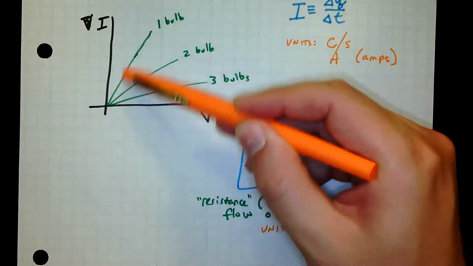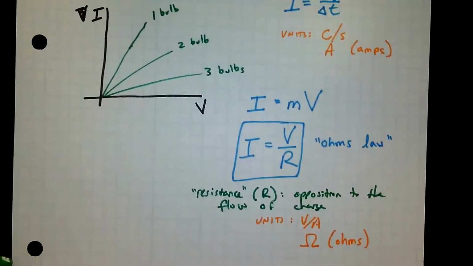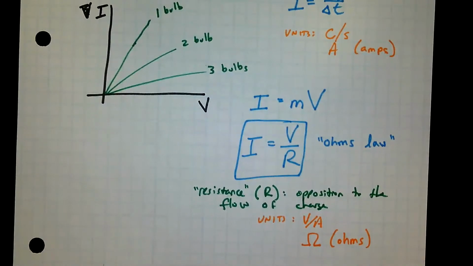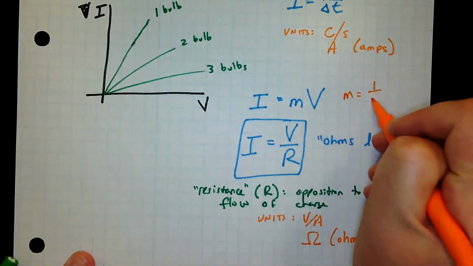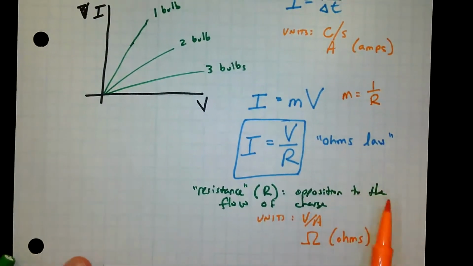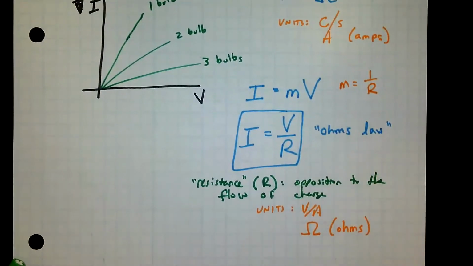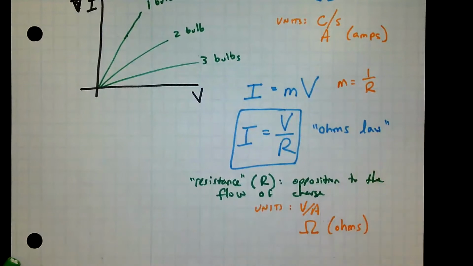Our slope is amps over volts, right? So if you take a look at this equation, if we say that the slope is 1 divided by the resistance, this works, right? So to find the resistance of 1 light bulb, 2 light bulbs, and 3 light bulbs, you're going to take your slope and you're going to take the reciprocal of your slope. So that's the last thing you need to do in your lab.